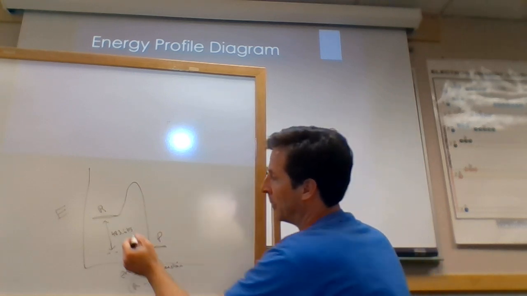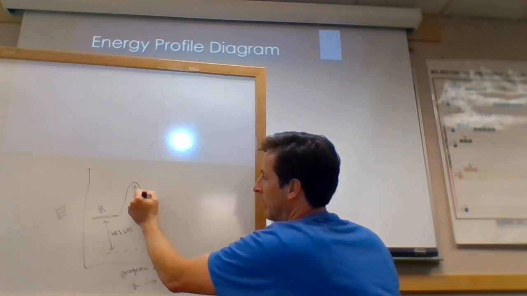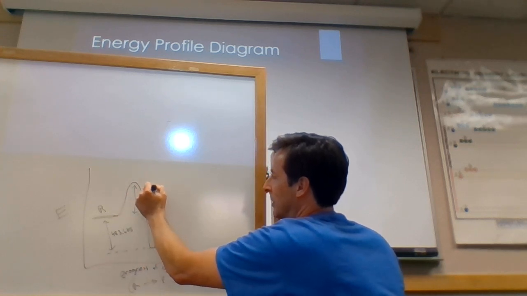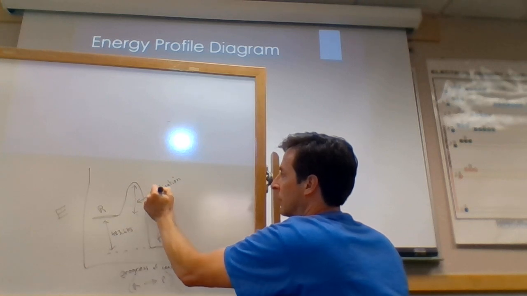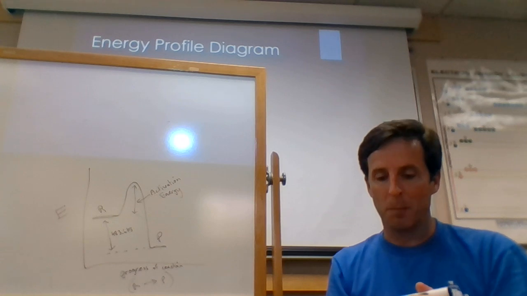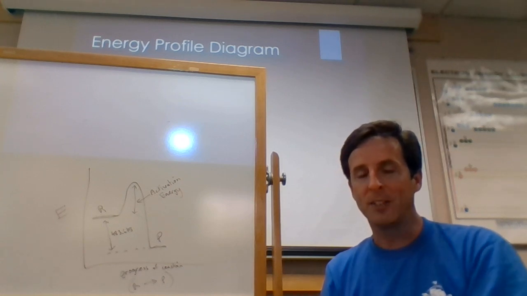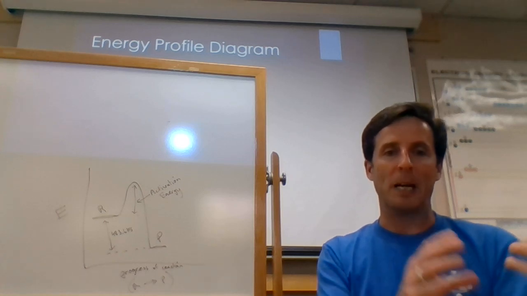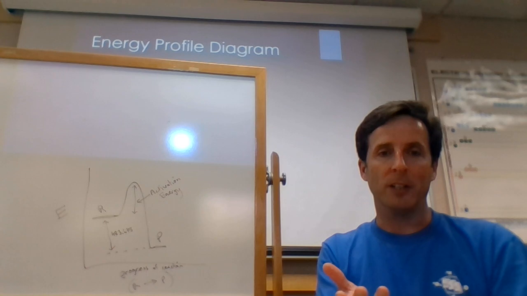That hump from the reactant energy level up to the top, that's going to be called the activation energy. And it's an energy barrier that has to be overcome for the reactants to turn into products. Basically, sometimes my reactants might be really stable molecules, and if they're really stable, why would they want to change?